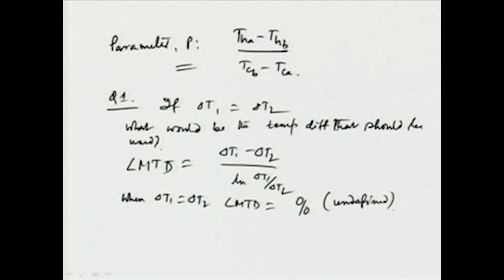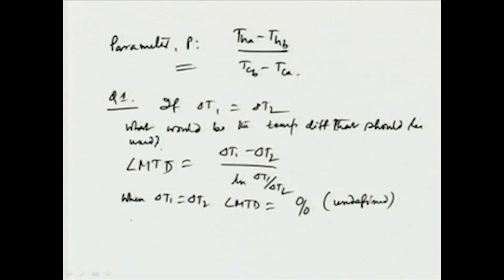We need not bother about the LMTD because it is undefined. What we can understand is that when both sides' driving forces are the same, the actual driving force is delta T1 equal to delta T2 equal to delta T. We will use the same driving force for that.